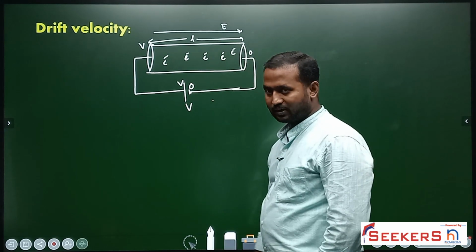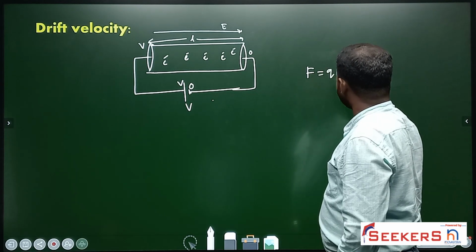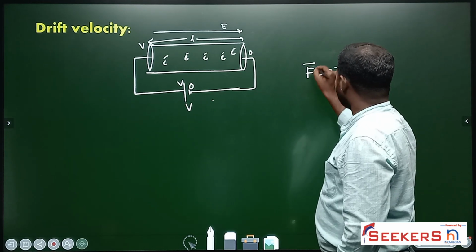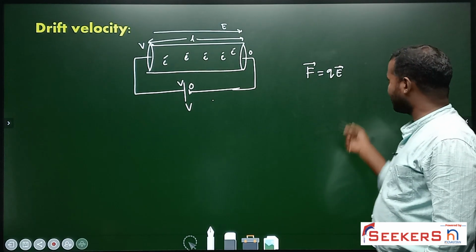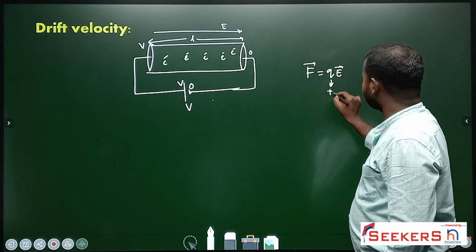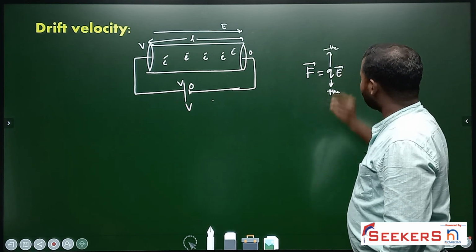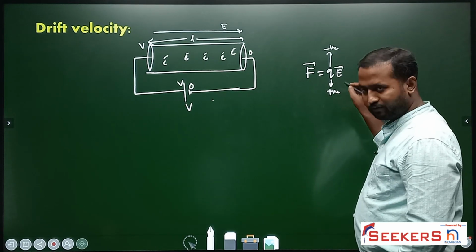This is the direction of electric field. You know that the electric force F is equal to QE. If the electric field is in one direction, the force will be in the same direction if Q is positive. If Q is negative, then what happens? Electric field will be in one direction.